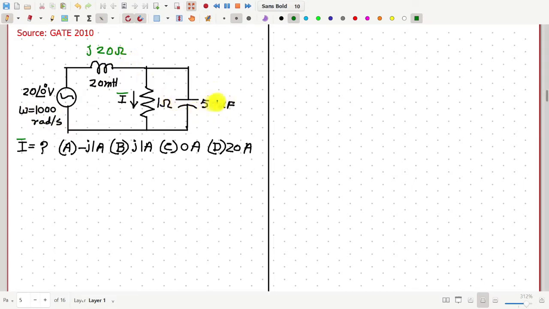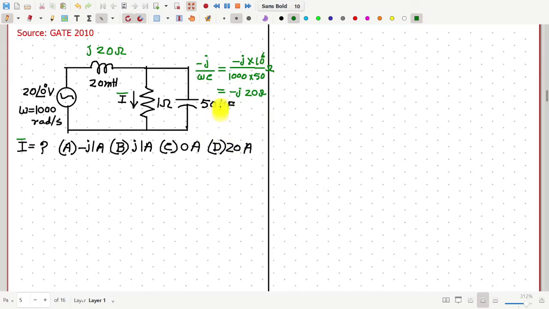Then the impedance of this capacitor will be minus j by omega C, which is minus j by 1000 into 50 into 10 to the power minus 6, so that will be equal to minus j20 ohm. This is also in ohm.